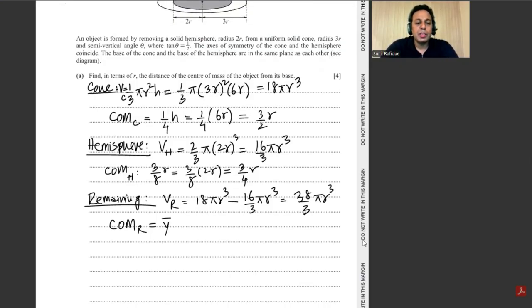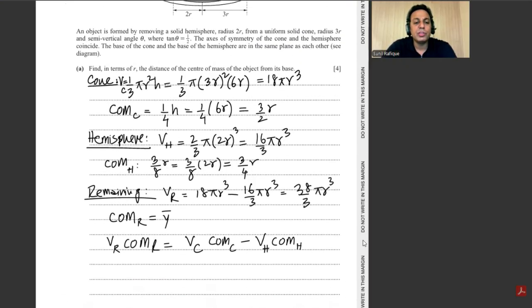We need the volume of the remaining solid times the center of mass of the remaining solid, which is the sum of V and C. You can just do the volume of the cone times the center of mass of the cone, minus the volume of the hemisphere times the center of mass of the hemisphere. So that's the moment rule.